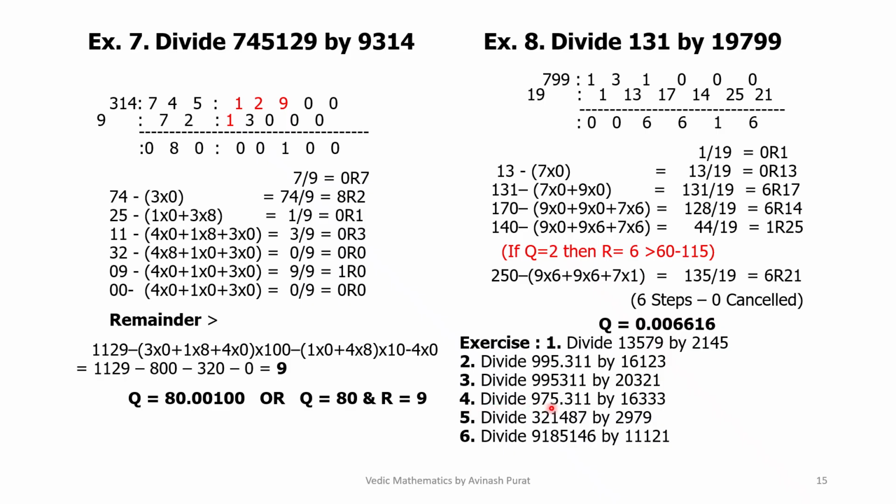Fourth is divide 975.311 by 16333. Fifth, divide 321487 by 2979, and divide 9185146 by 11121.